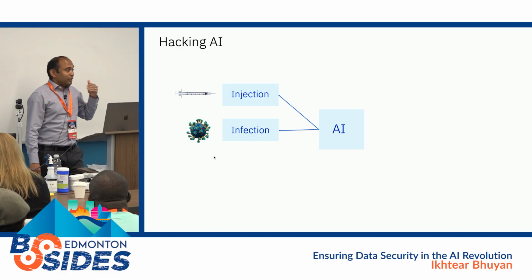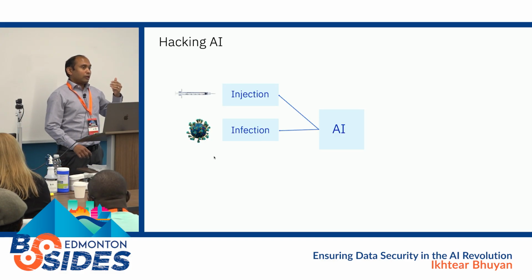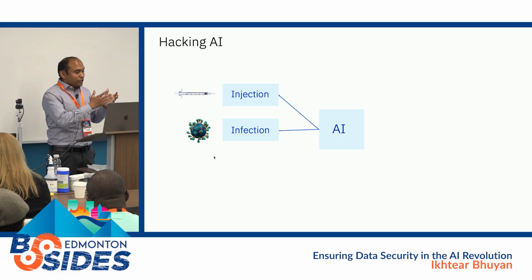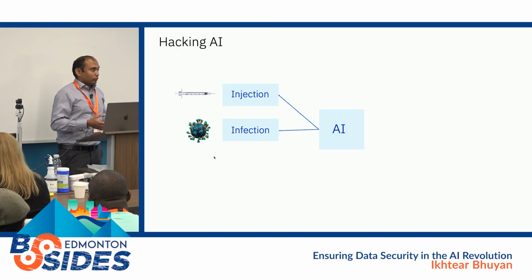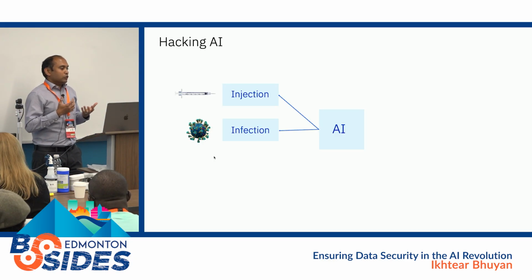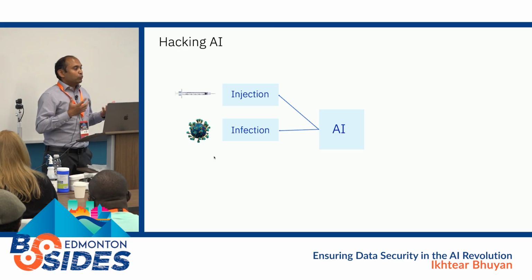So when you are dealing with AI, are you able to download and do a security check of all those 1 million models? It's nearly impossible. So whatever AI model you're using, it can be manipulated.